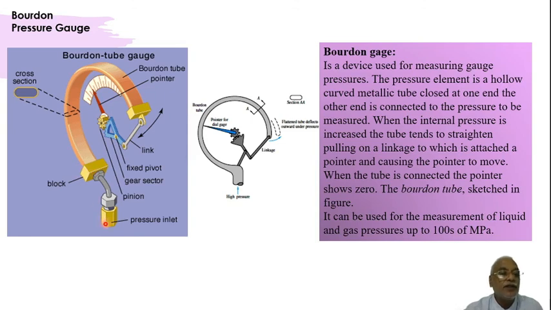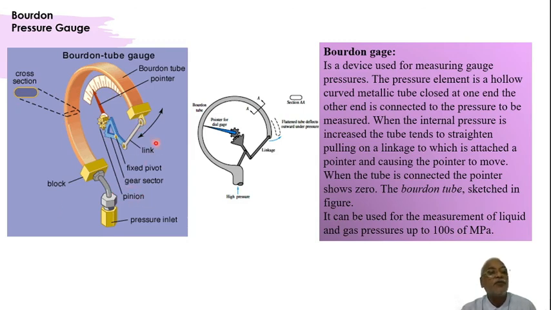When the pressure is allowed in this pipe, it tries to straighten up, and because of that this point moves that way, or this link will pull it up. And because of this pivot, this goes down. When this goes down, this rotates and then the reading goes up. So that's how the Bourdon pressure gauge works.